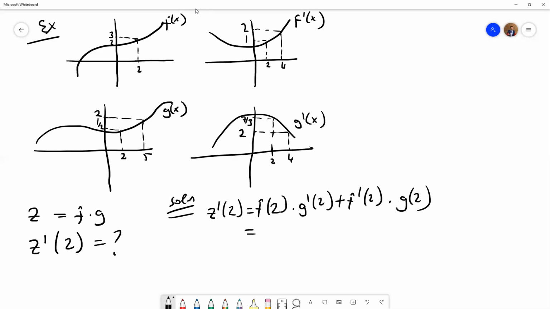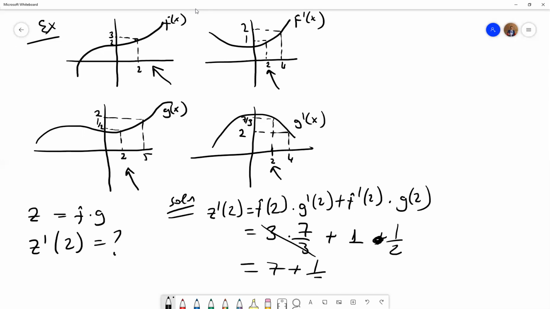Let's find f2 now. f2 is here, it is 3, and g prime 2, let's look here, g prime 2 is 7 over 3, and f prime 2, it is 1 here, and g2 is here 1 over 2. Finally, let's cancel these two, and this is multiply plus 1 over 2.